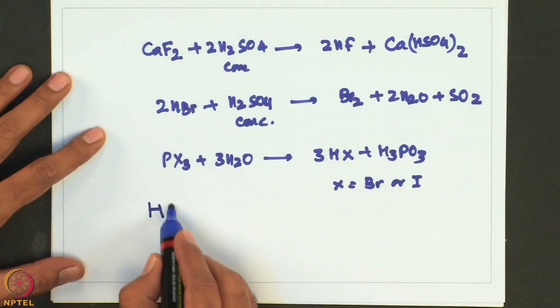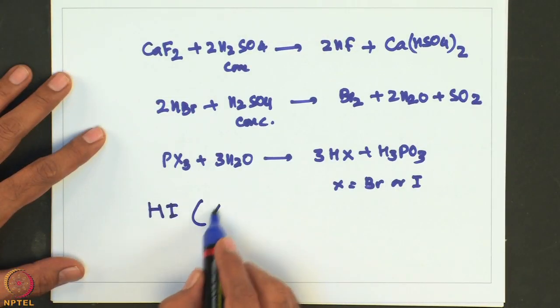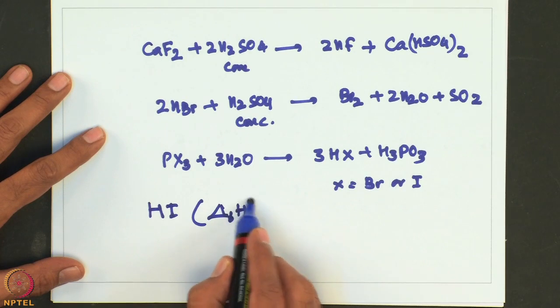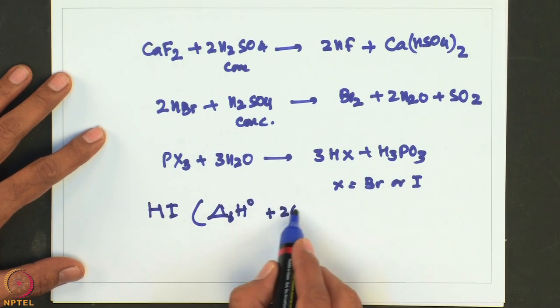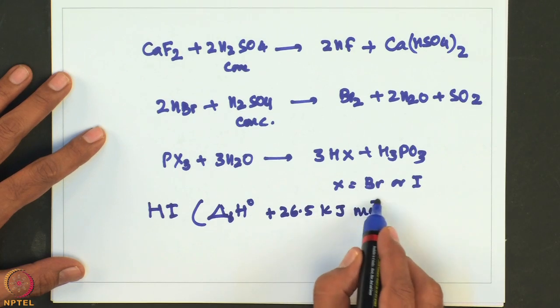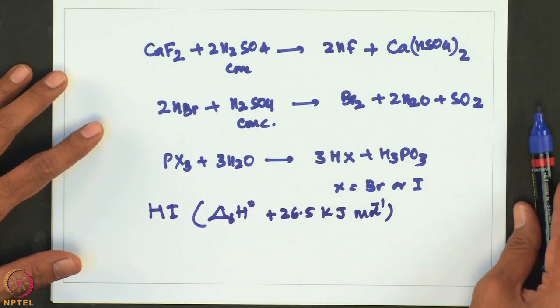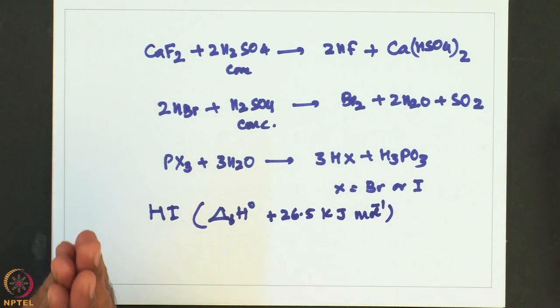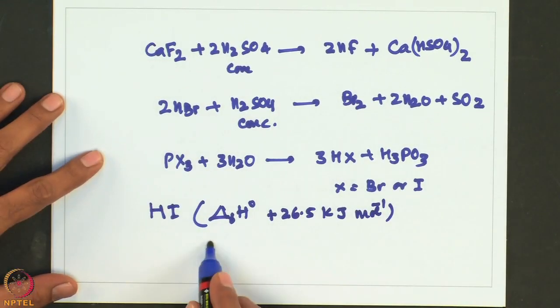Due to the mismatch of the overlapping orbitals, the stability decreases down the group as expected, and HI is rather unstable. For example, delta Hf of HI is positive, plus 26.5 kilojoules per mole, and HI exists in equilibrium with H2 and I2.